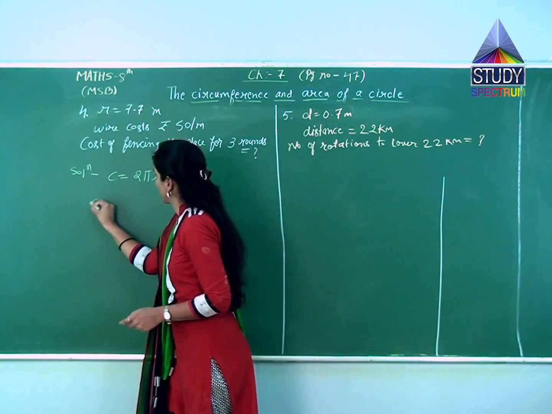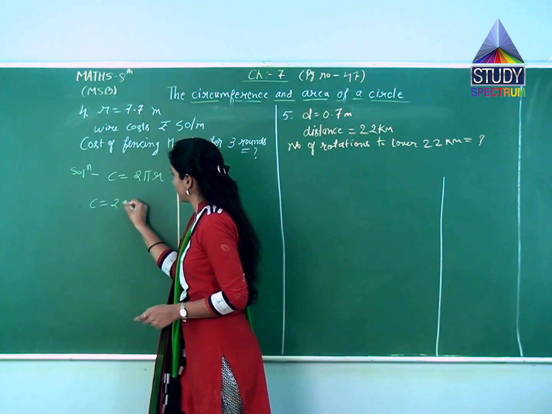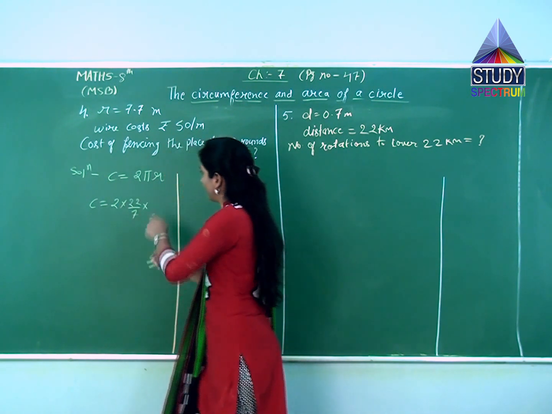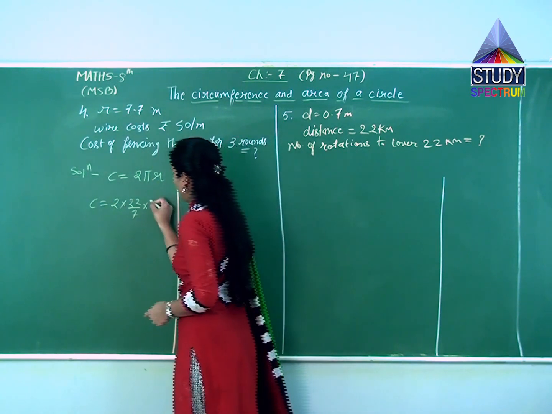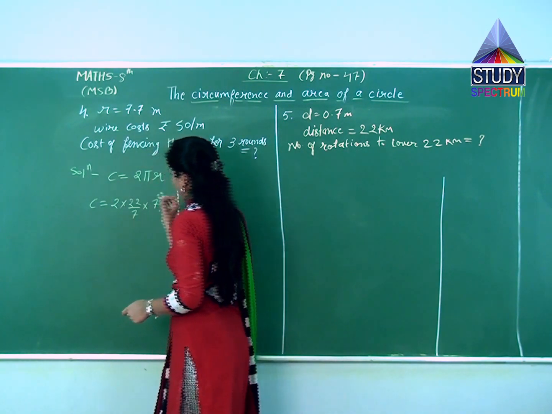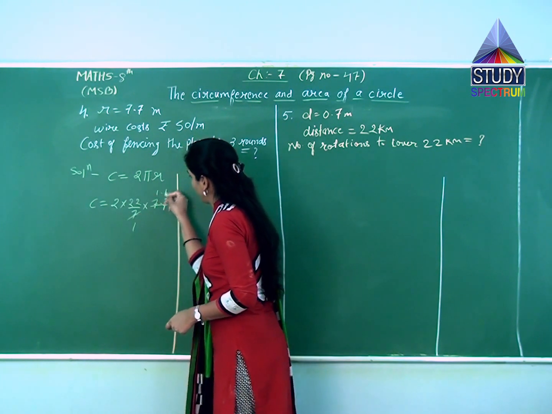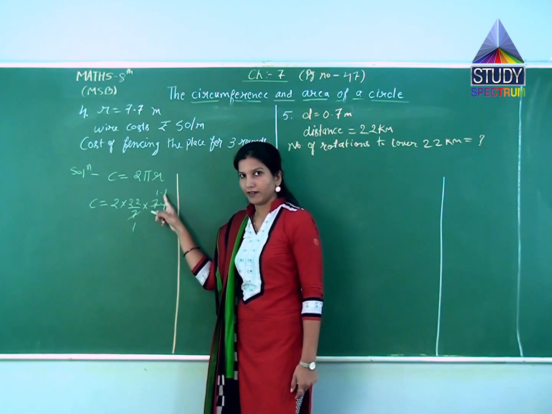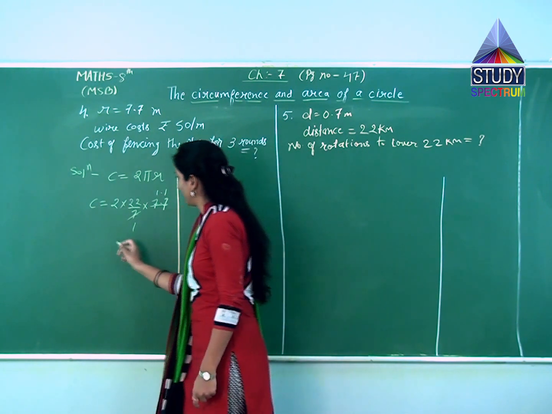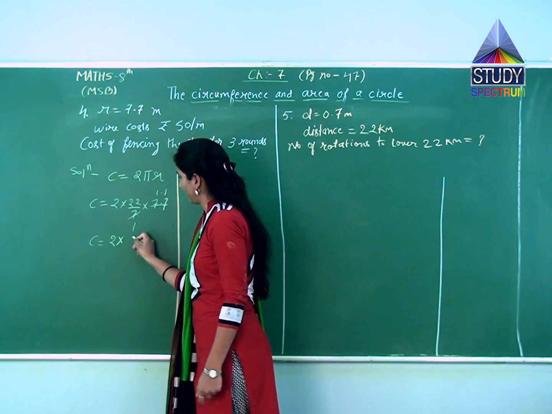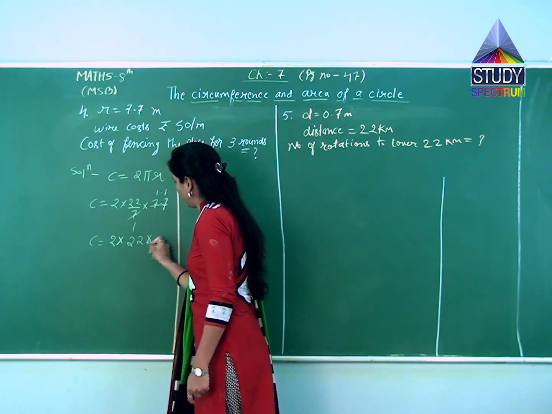Now C is equal to 2 into 22 by 7 into 7.7. The 7.7 can be cancelled by 7 and 1.1 remains. In the numerator we have 2 into 22 into 1.1.